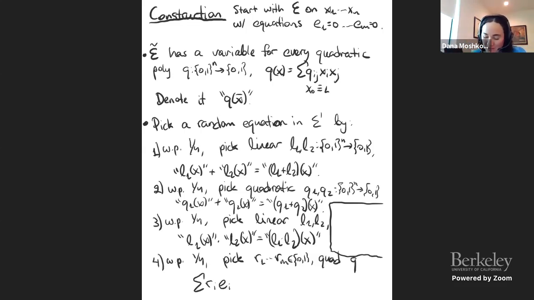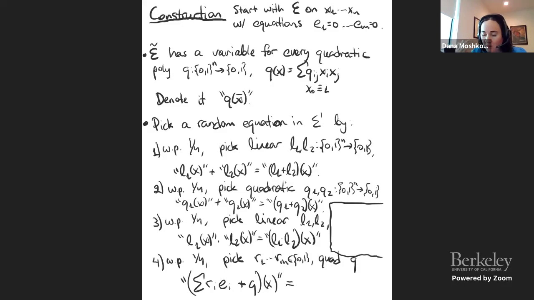So I'm going to look at this random linear combination of my equations from E. And I'm going to look at this plus Q, right? So this is some quadratic polynomial, which I want to evaluate on x, and I'm going to make sure.